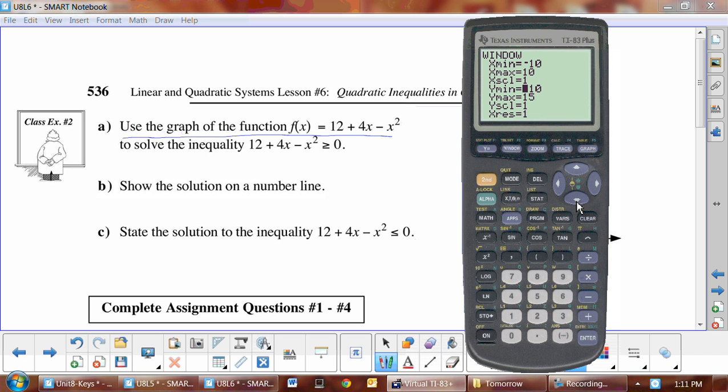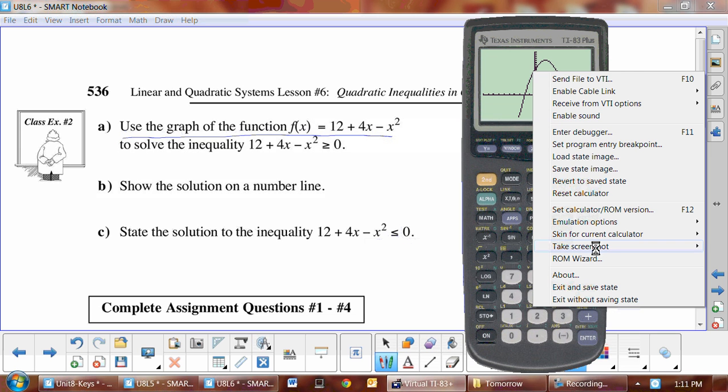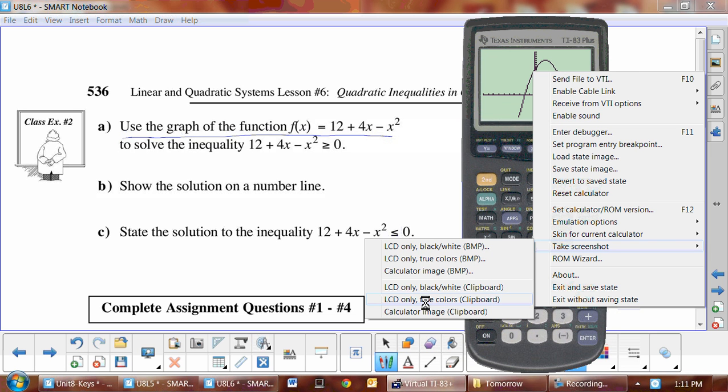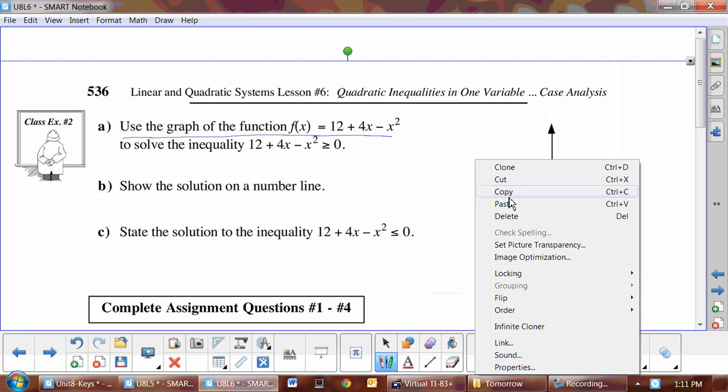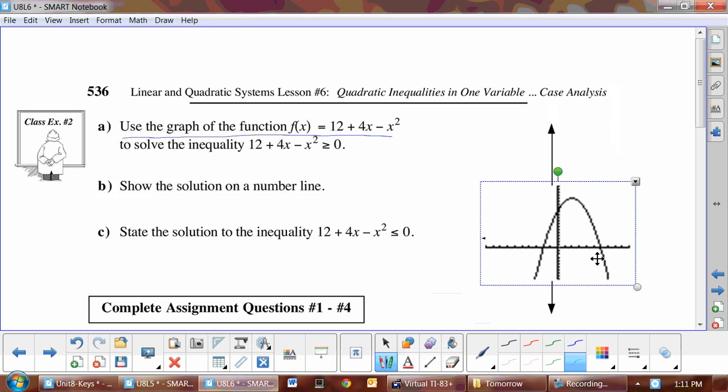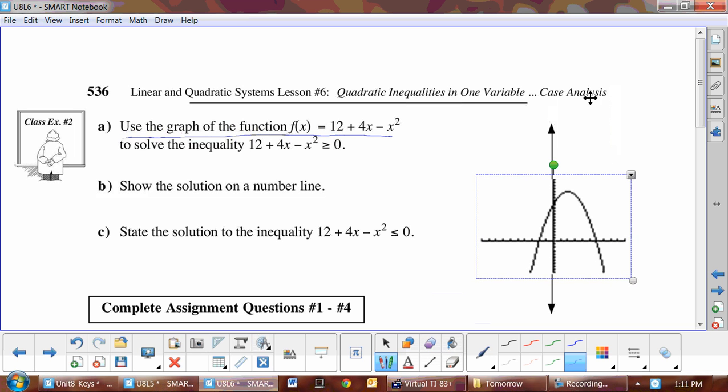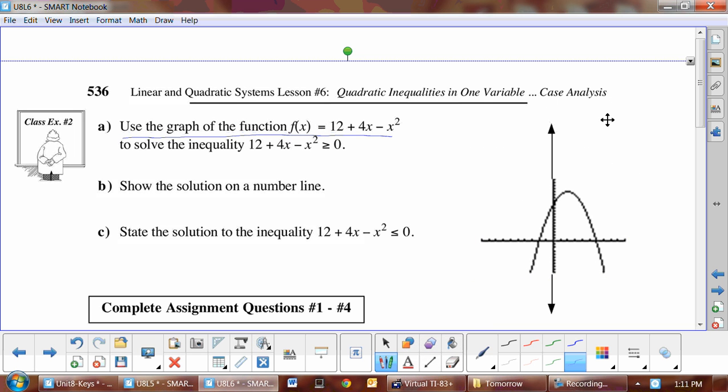Exactly. So should we go 25? 20? Beauty. Okay, so you can draw a picture of this in your notes, just like I am. There you go. I'm sure yours looks as good as mine.